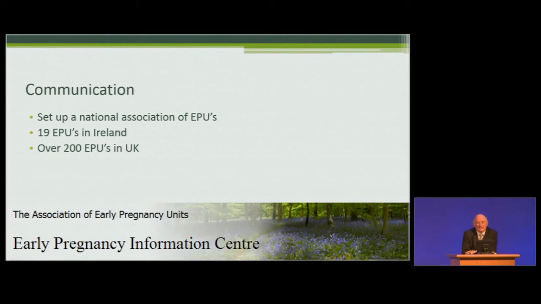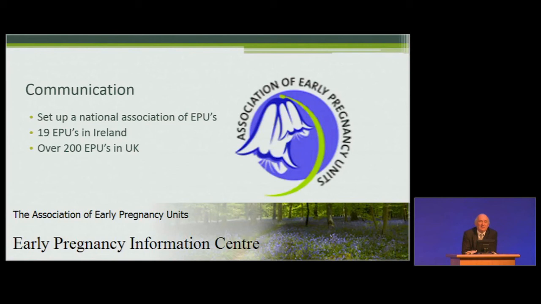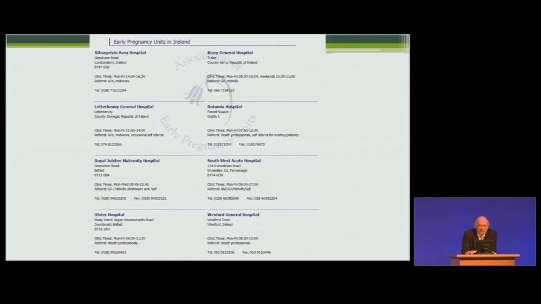They say this is their new logo now, and that the bluebell is a very strong flower, so it gives them an image of being strong and caring, and some of our people have gone over and joined up with them. Kerry General Hospital, Letterkenny, Rotunda, Wexford are part of the Irish contingent of the association.